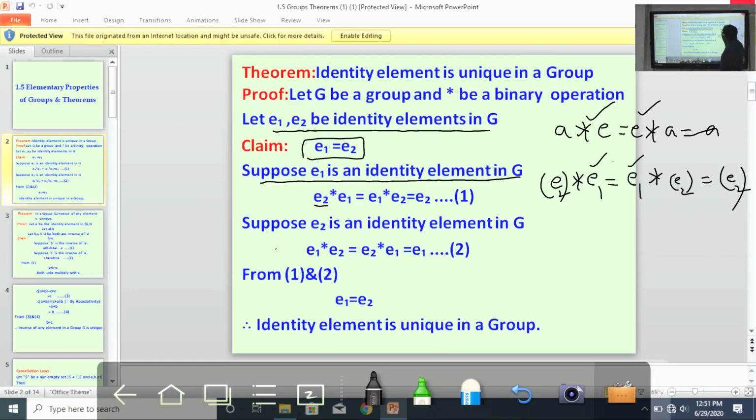I take E2 in the place of A. Here what is the identity element? E1, our supposition. E1 is an identity element. So E2 star E1 equal to E1 star E2 equal to E2. This is one, because E1 is an identity element in G. Understand?